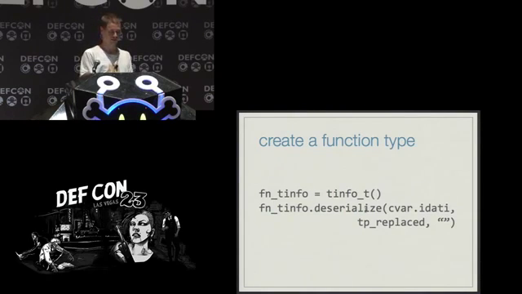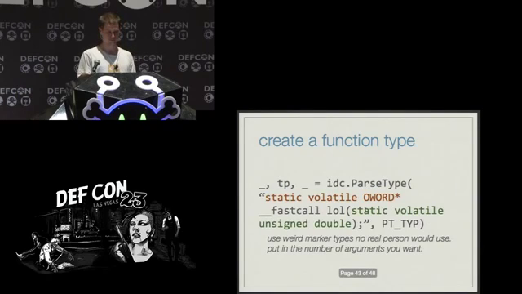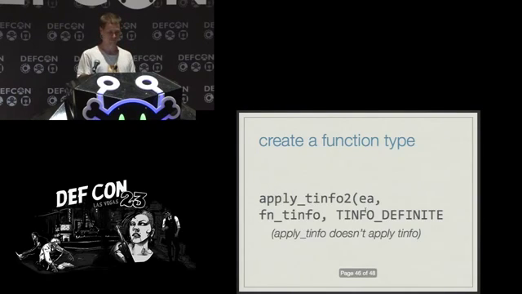If you look into the IDA API documentation, there isn't any. If you Google the function names, the only hits are mirrors of the header file. So there's no public usage of any of these APIs, but this deserialize actually does what you want if you have that type of string that you get from get Tinfo or parse type from IDC.